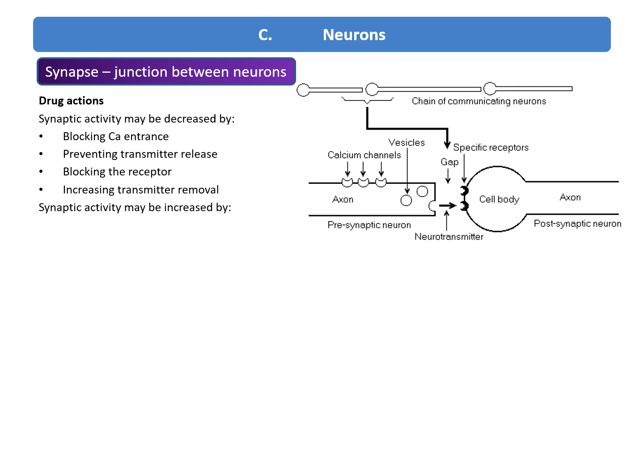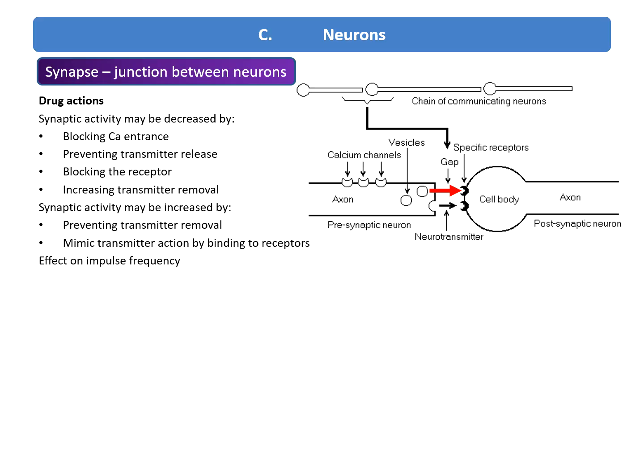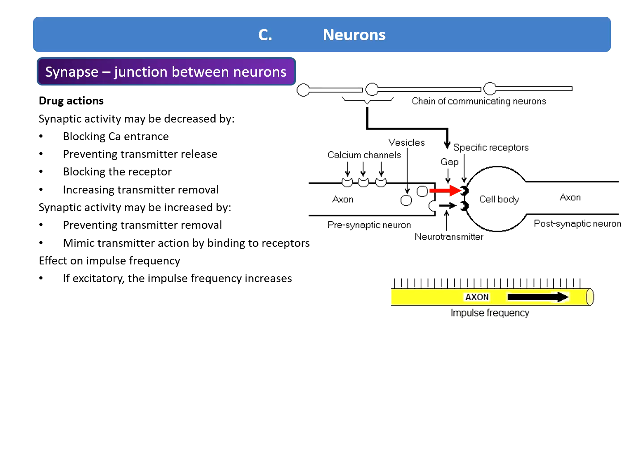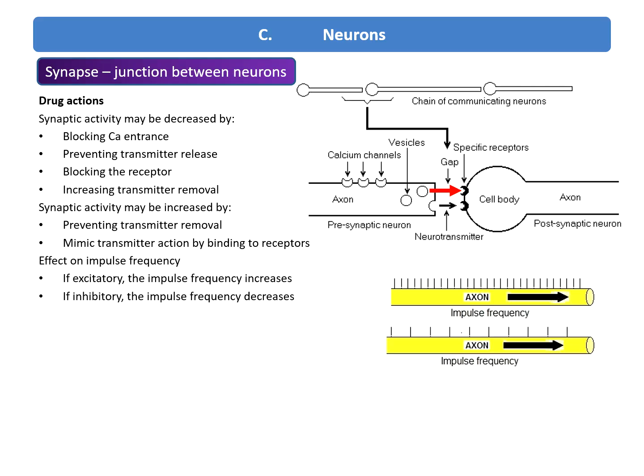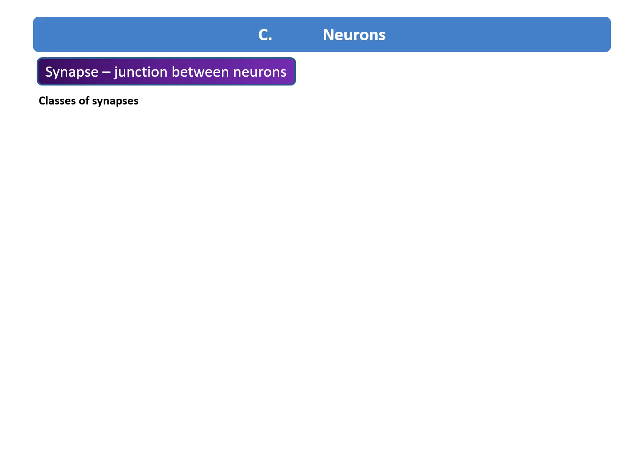Synaptic activity may be increased by preventing removal of the transmitter, mimicking the transmitter by binding to the receptors. The effect of drugs on the impulse frequency: if it's excitatory, the impulse frequency increases. If it's inhibitory, the impulse frequency decreases.